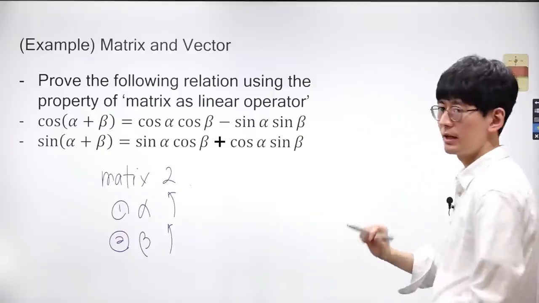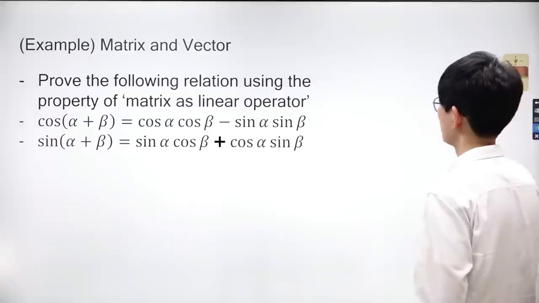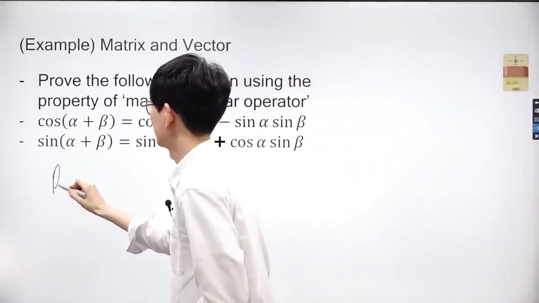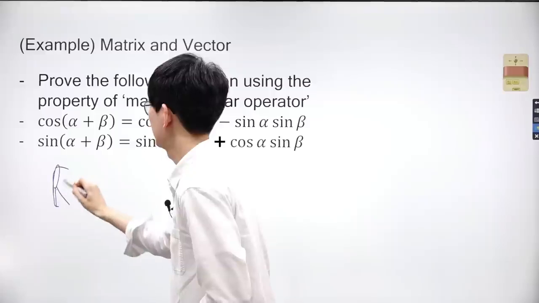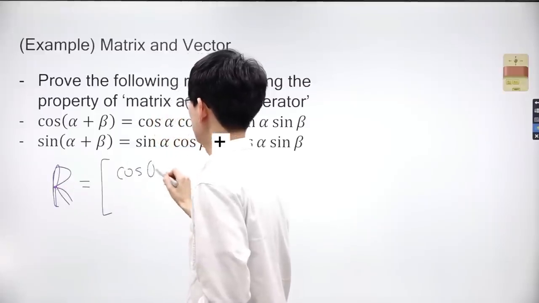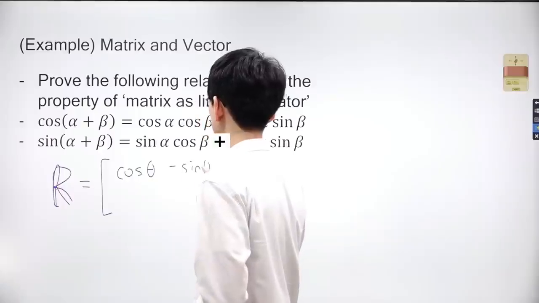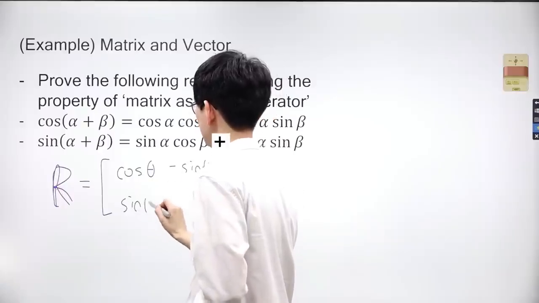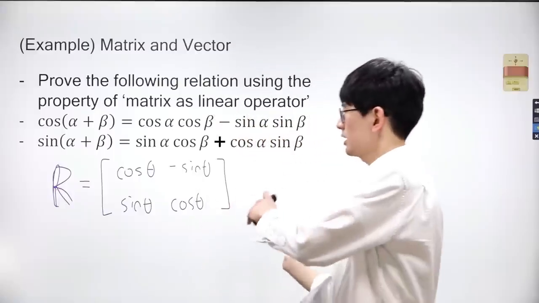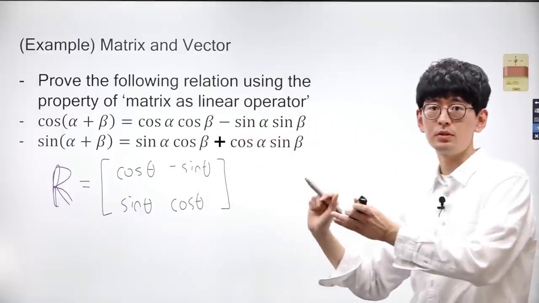Now, let's see what these rotation matrices look like. A rotation matrix comprising cosine theta, negative sine theta, sine theta, and cosine theta, rotates the coordinate space by theta degrees.